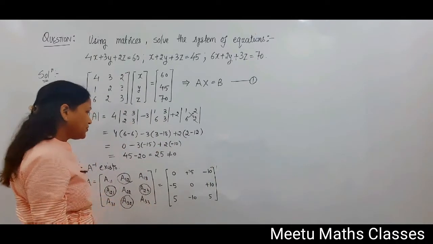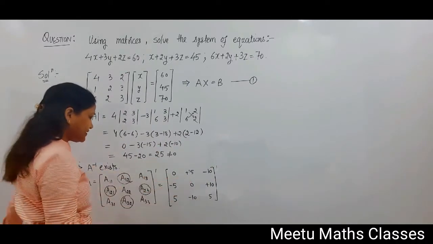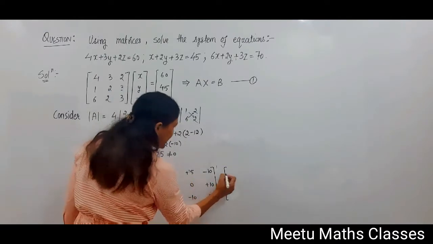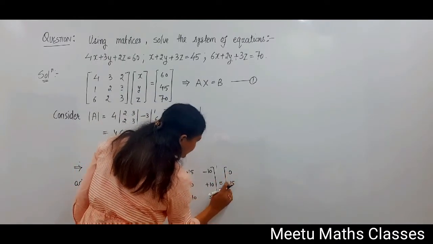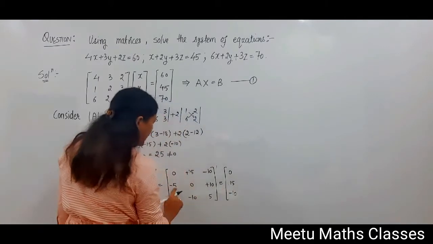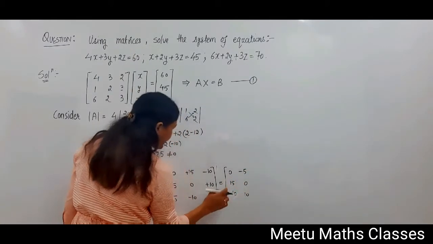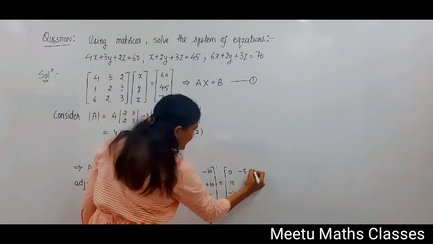And finally we are going to take the transpose of this, and that is equal to 0, 15, minus 10, minus 5, 0, 10, 5, minus 10, 5.